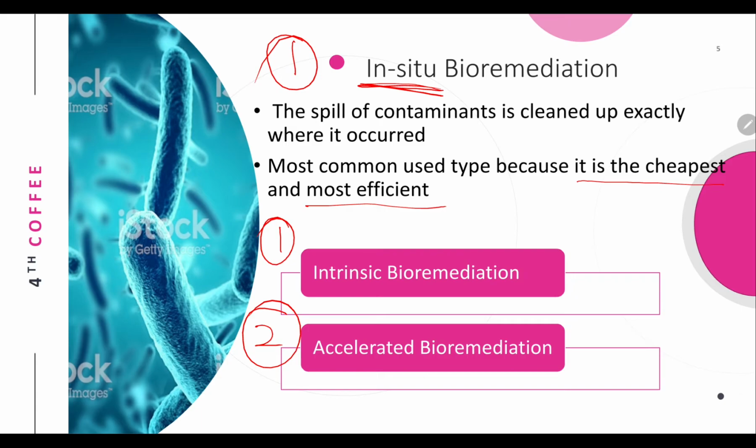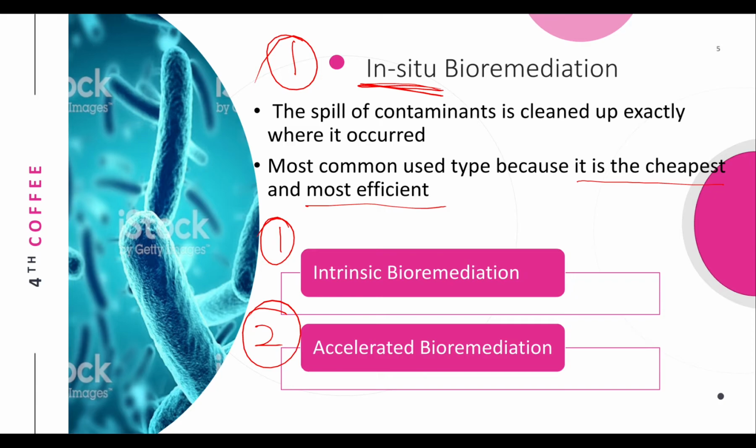Intrinsic bioremediation uses the microorganisms that are already present in the environment to biodegrade the harmful contaminant in that site. Okay. In contrast, the accelerated bioremediation is where the substrate or the nutrients are added to the environment to help break down the toxic spill by making the microorganisms grow more rapidly.